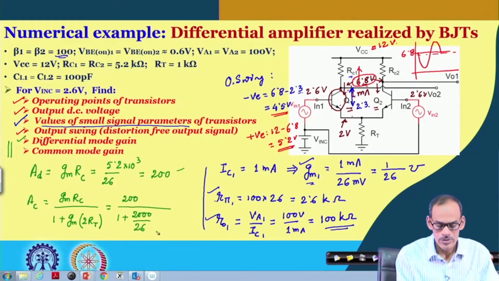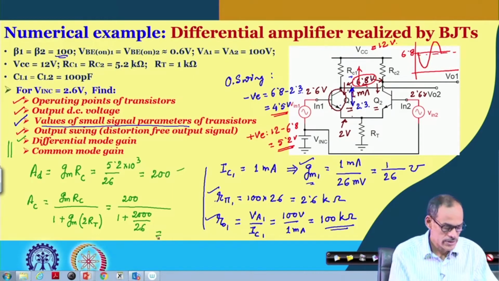So, this is equal to how much? 2000 divided by 26. I do have a calculator for me. So, 2000 divided by 26 is equal to 77 plus 1 in the denominator, and the reciprocal of that multiplied by 200 is giving me 2.566 and so on.